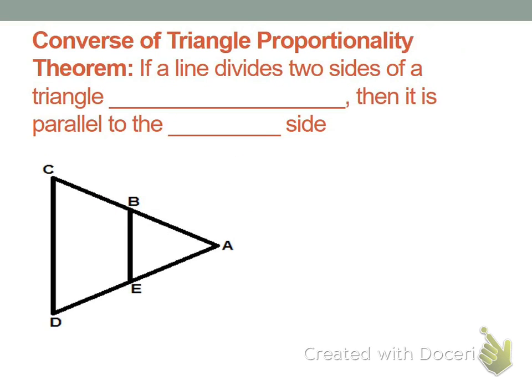Okay. Then we can state the converse of it. If a line divides two sides of a triangle proportionally, then it is parallel to the third side.